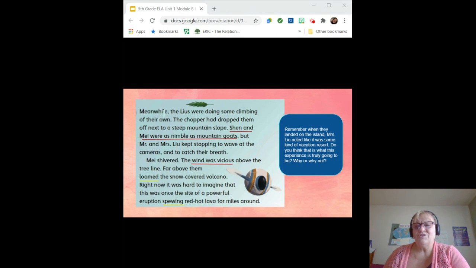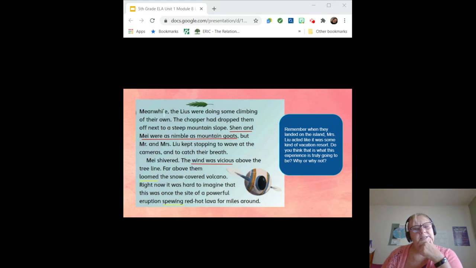However, it also shows a difference with their parents. Mr. and Mrs. Lu are not in as good physical shape. They had to stop and catch their breath as they were climbing. Of course, they were all about the show, too, because they kept waving to the camera.